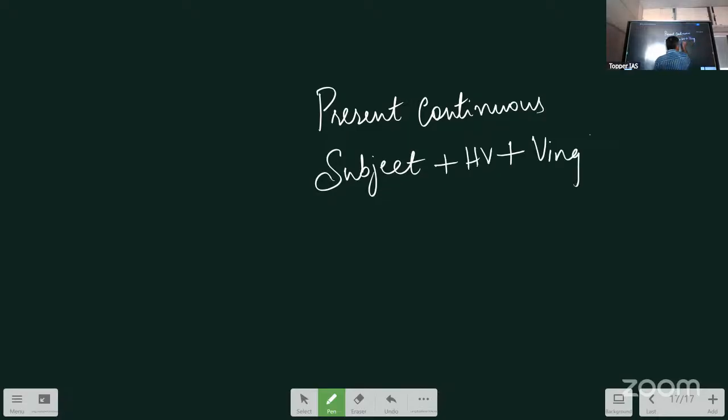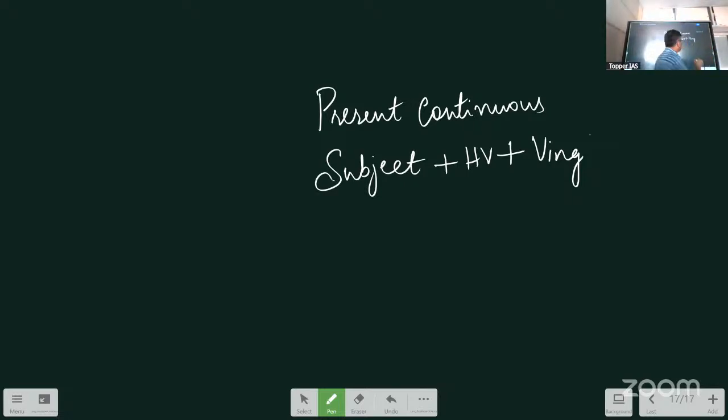Now, when you use only a helping verb, what does it indicate? Existence. Very good. But here, along with the helping verb, the verb is in the ing form.